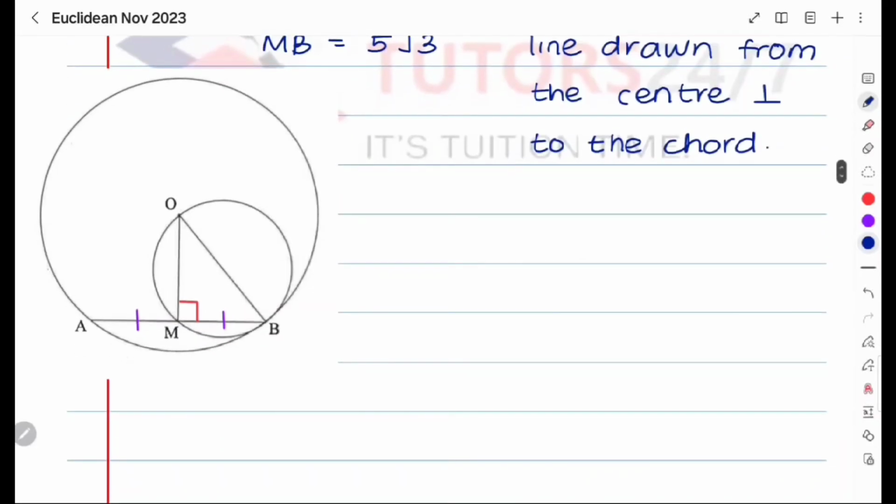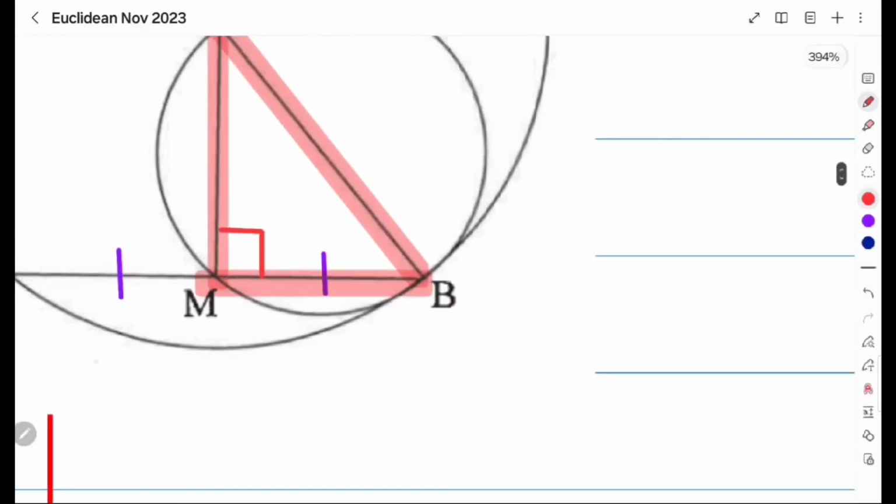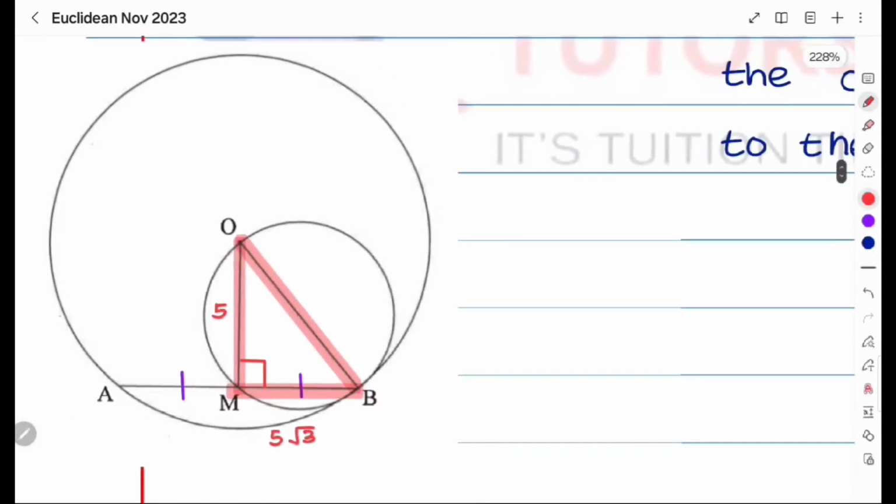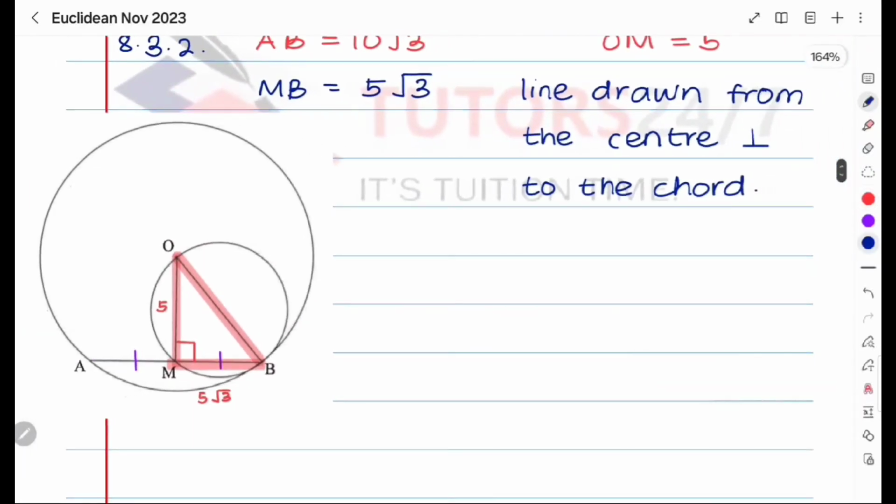Now, we're going to focus on this triangle over here. Let us just write out the values. So we know that OM is 5. We know that MB is 5 the square root of 3. So we are going to write out our Pythagoras equation. It is the hypotenuse squared is equal to the sum of the squares of the other two sides.